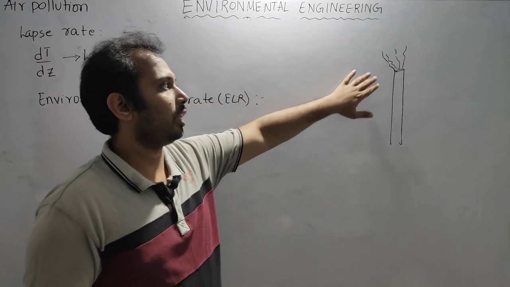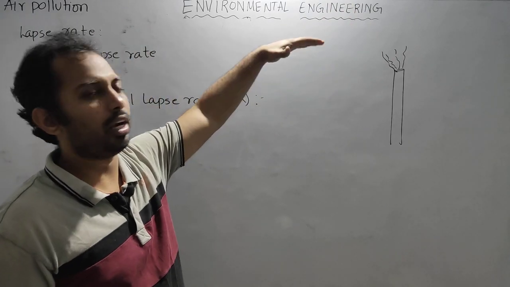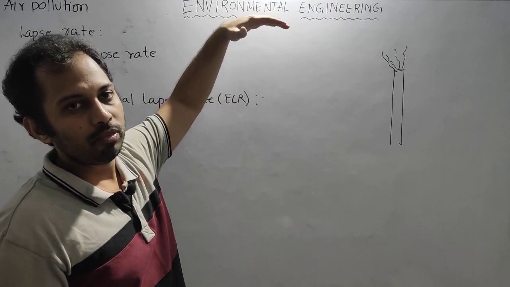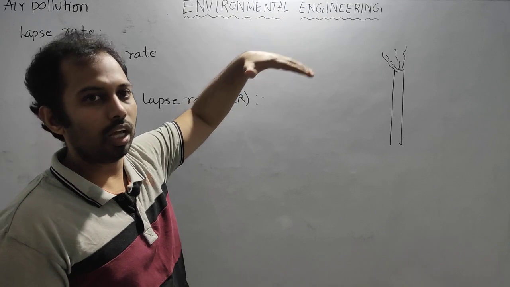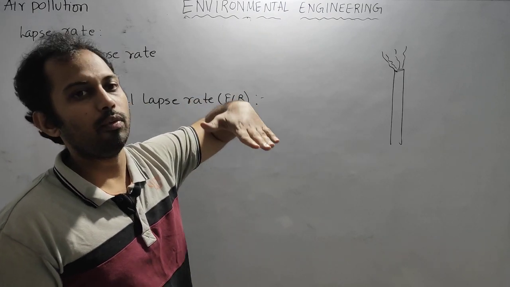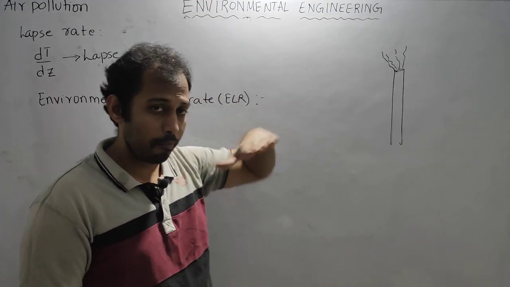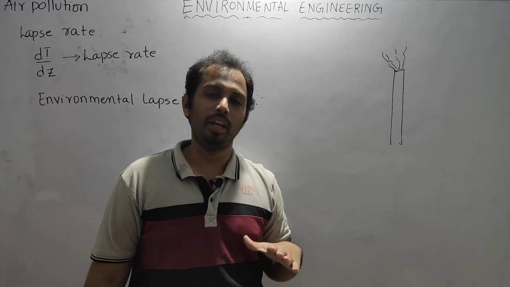From this stack we are emitting the pollutant, because we keep it at a greater height so that it will not interfere with the normal altitude where we reside. We have to lift it up to a greater height such that it does not come back into the residential areas.